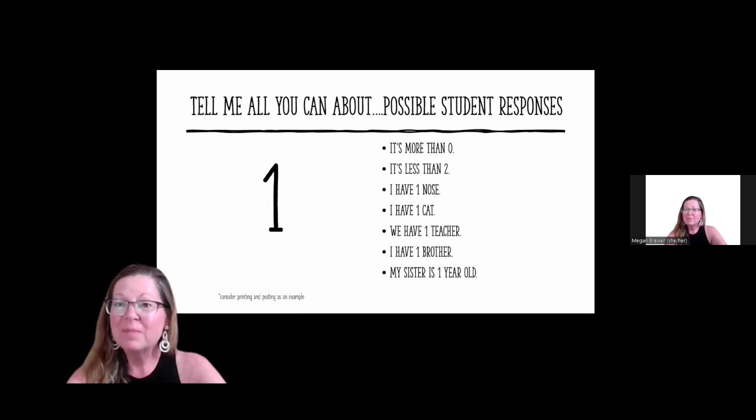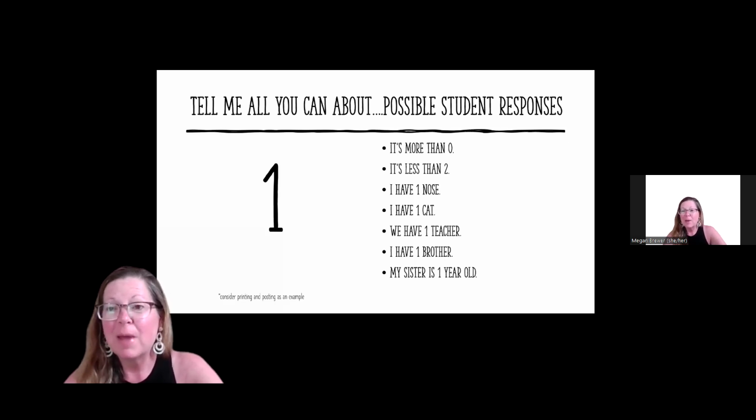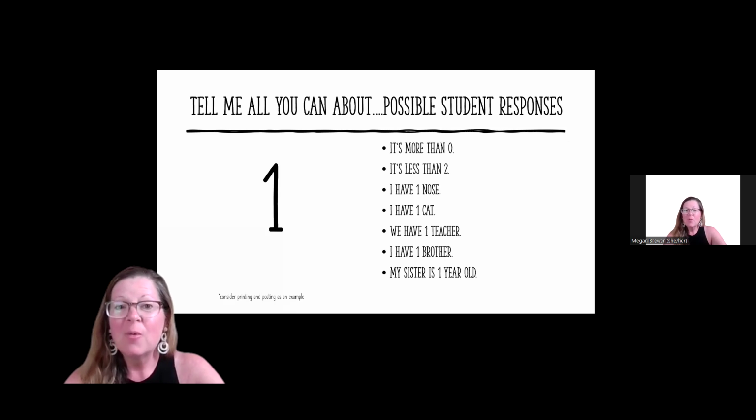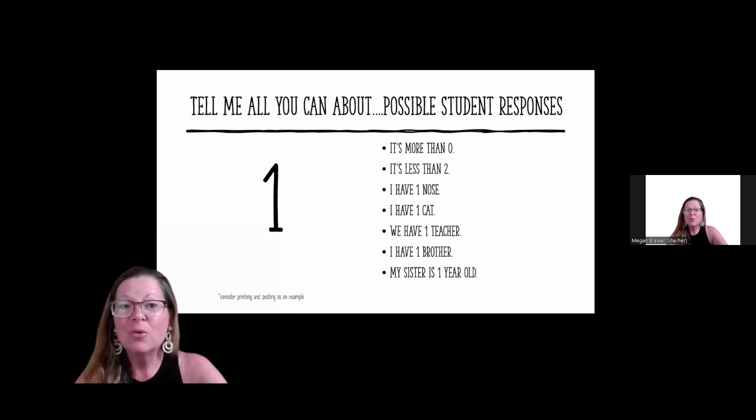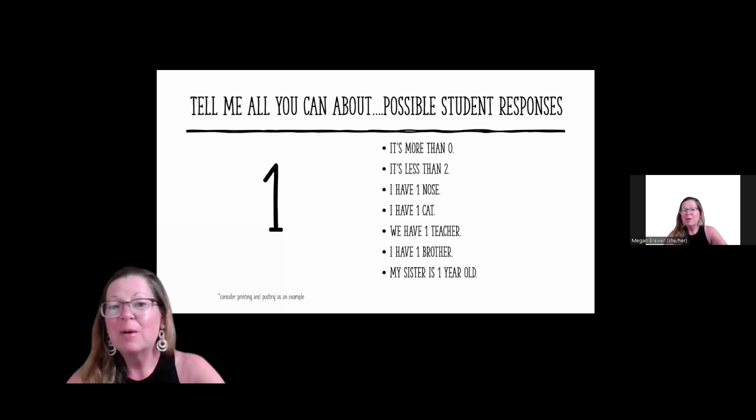So if 1 was what was provided, some kindergartners might say, especially if they have a number path in their room or some models to help them, it's more than 0, it's less than 2, I have 1 nose, I have 1 cat, we have 1 teacher, I have 1 brother, my sister is 1 year old.